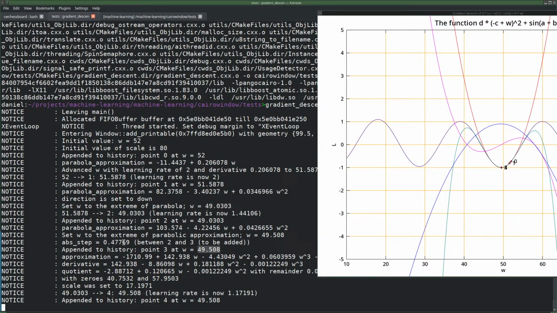And 0.2 was 49.0303, which is indeed that far apart. So I think now it makes sense all the way up till here. And then we have an approximation, which is now correctly calculated. At least that's a nice fit here. Very nice fit.